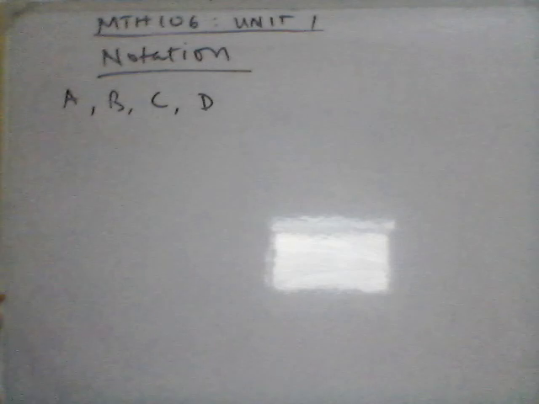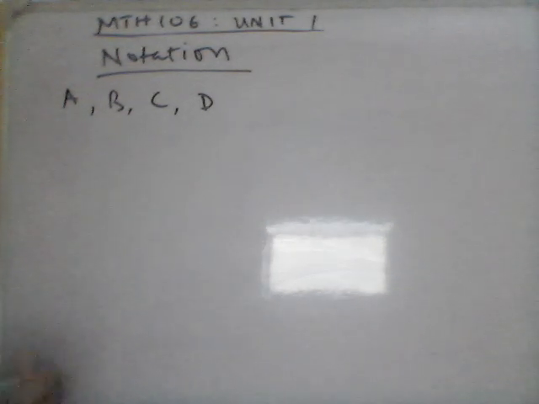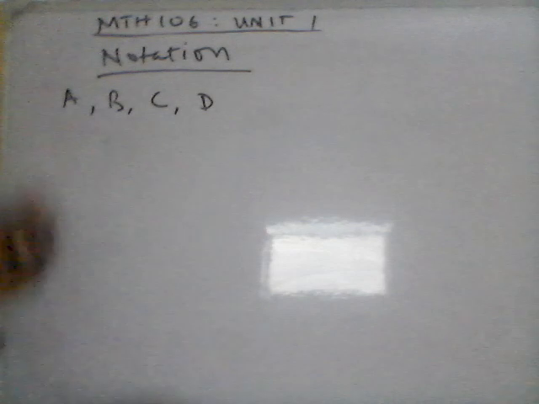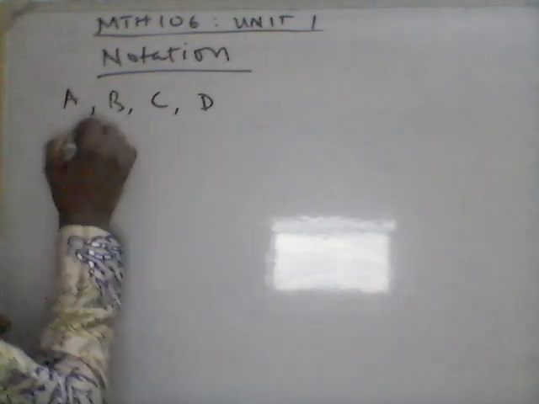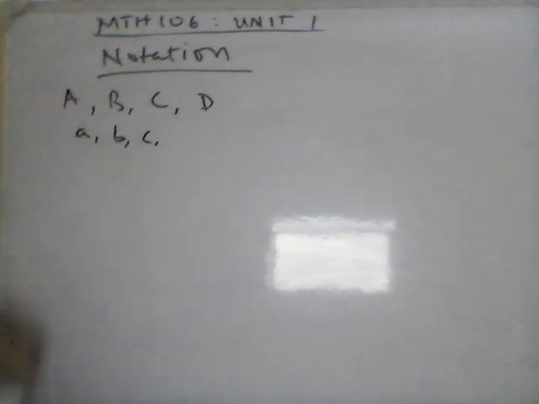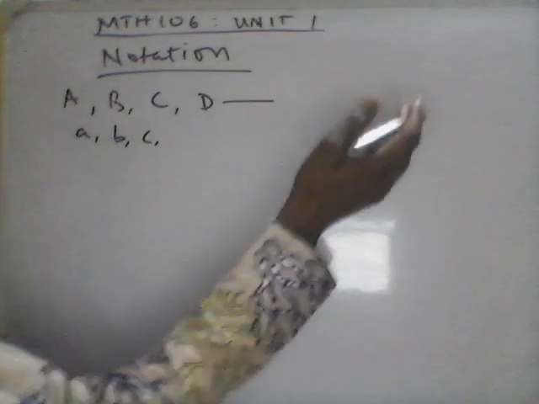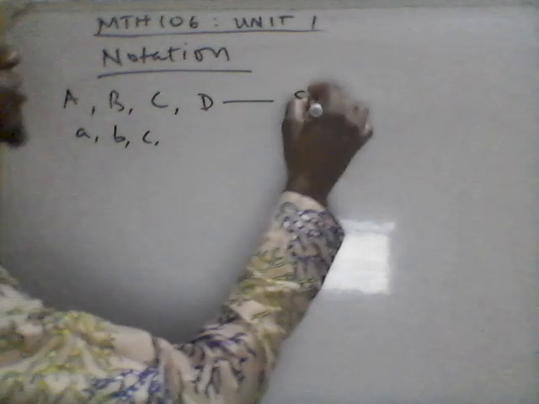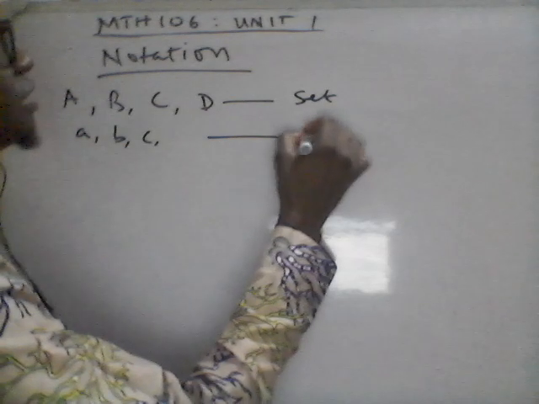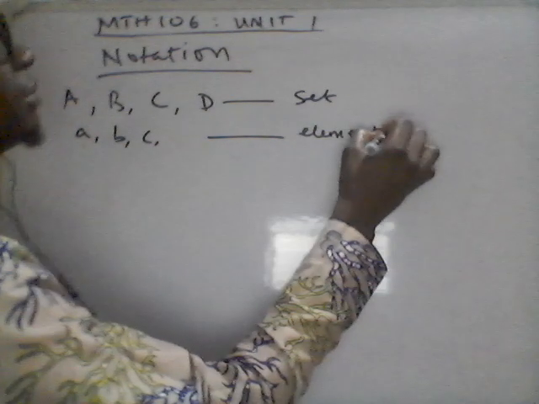Lower cases are used to represent elements in our set. So elements are inside the set. Capital letters are used for the set itself, and the lower cases are used for the elements of the set.